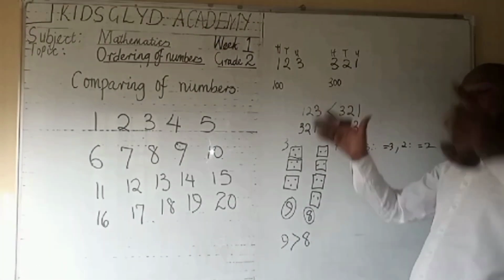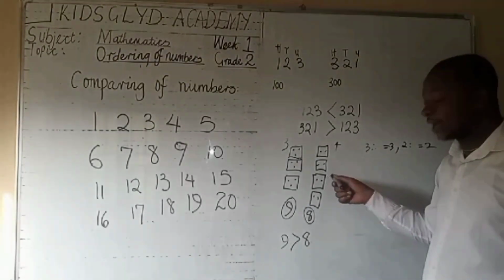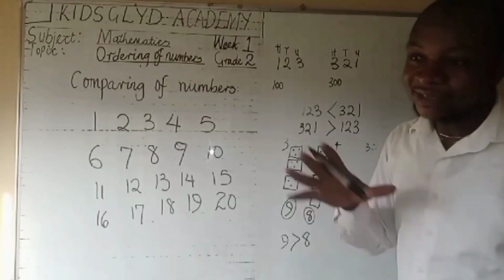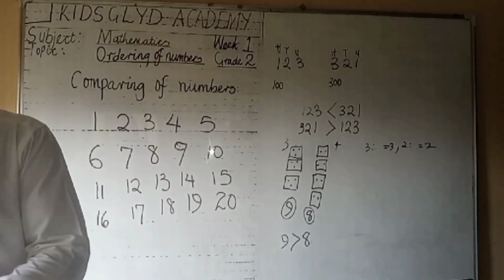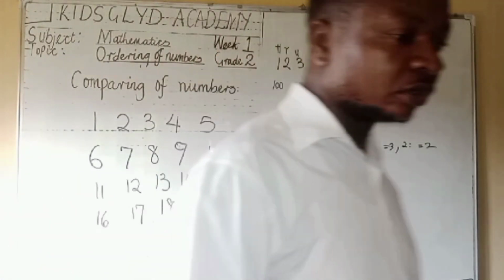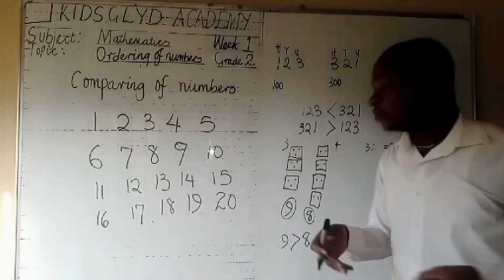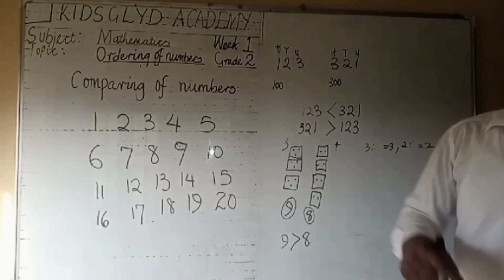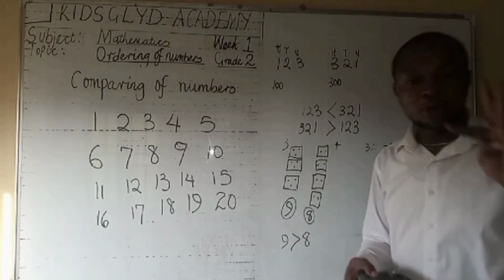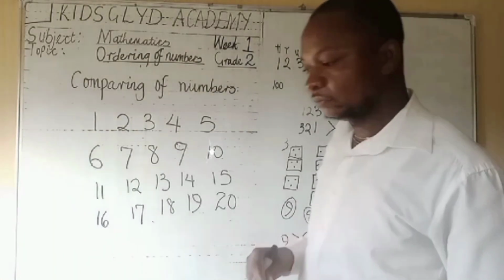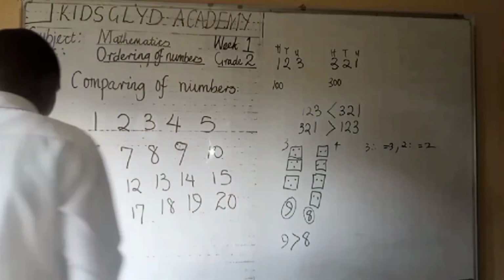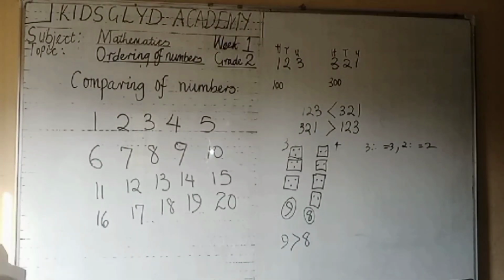If you check the number of boxes, 9 is more. But what do we want? Is it the number of the boxes or the dots found on the boxes? Now it's because of the dots. That means the number of dots on the first boxes is more than the number of dots in the second boxes. I don't know if you are following.